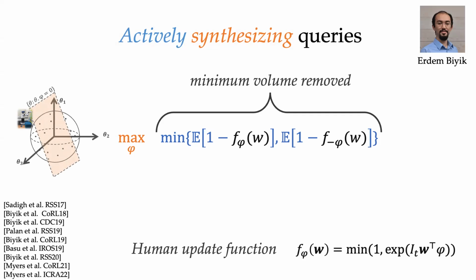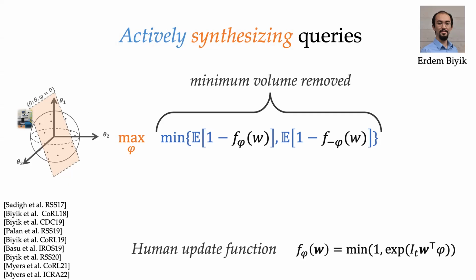And what I would like to do is find a question that's informative, that is going to remove a lot of volume from that hypothesis space. And this objective is simply saying that: maximize that volume. What is that volume? I said you're looking at a unit ball, so the volume of the unit ball is 1.